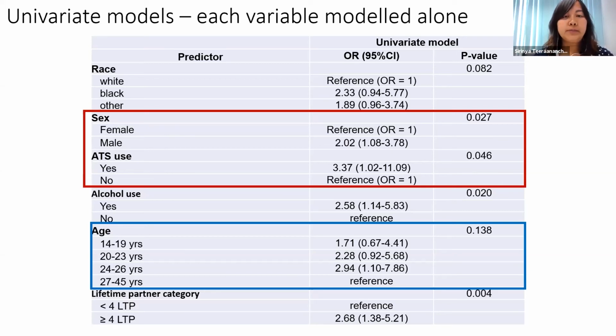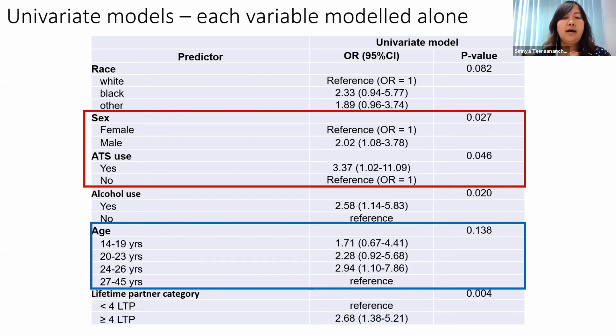But when we dig in to interpret each variable, for example, we will see that male will have a higher risk of STI, 2.2 times when compared with female. And patients who use ATS were more likely to have STI, about 3.4 times.